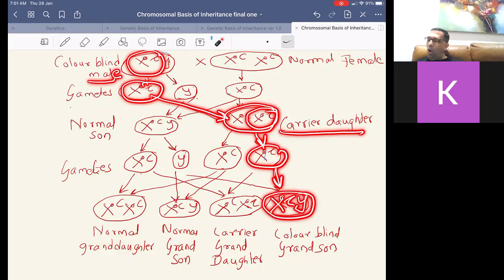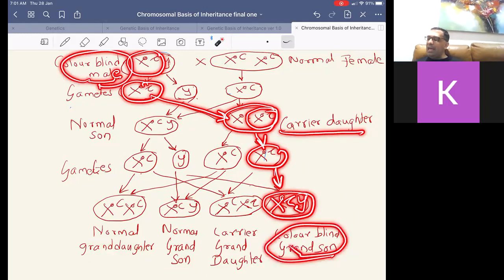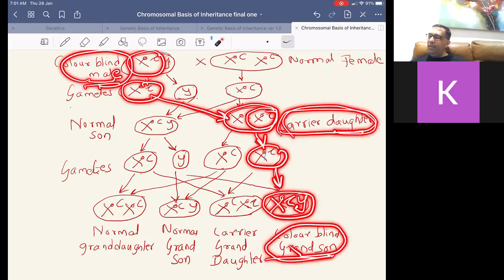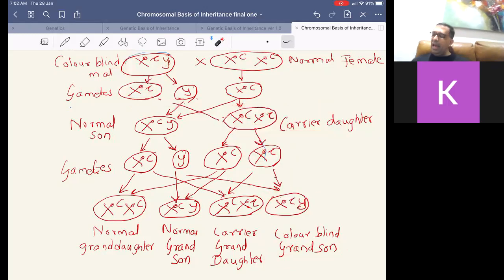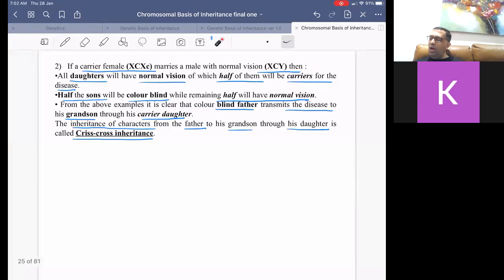Where has the disease gone from male to grandson? Via the carrier daughter. From male to grandson via the carrier daughter, and this kind of inheritance is called crisscross inheritance.